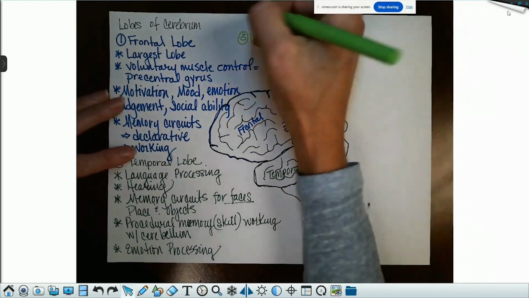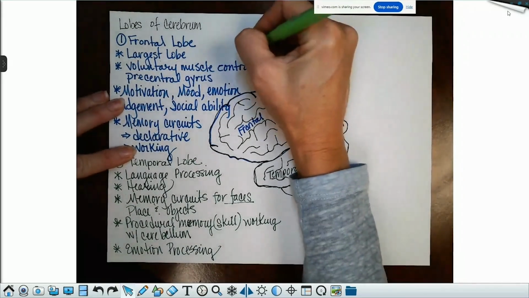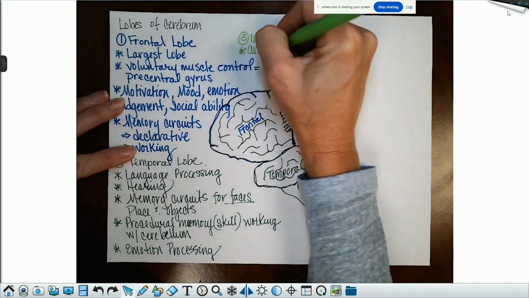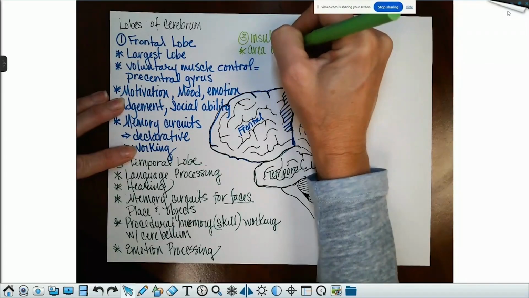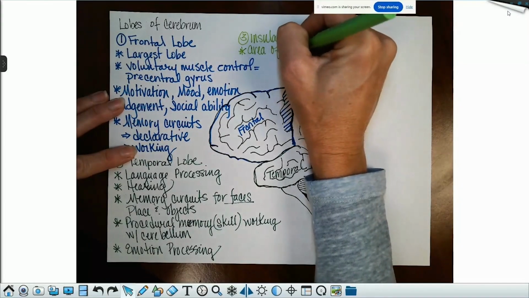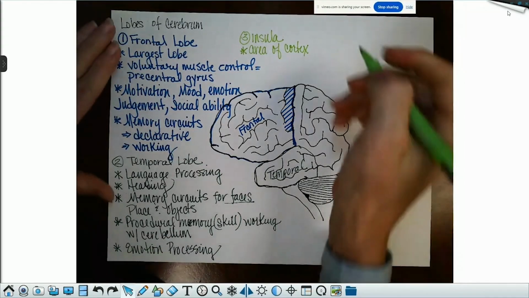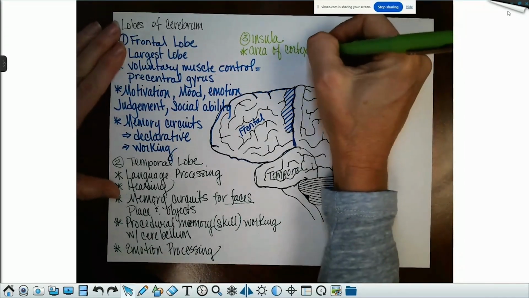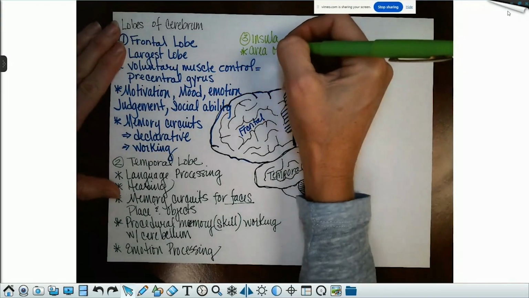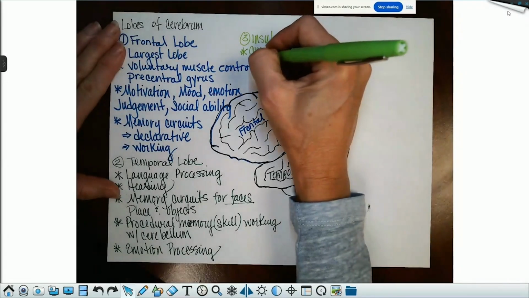But it is an area of cortex that is deep to the temporal lobe. Cortex meaning it's that gray matter. Meaning that that's where the cell bodies are located.